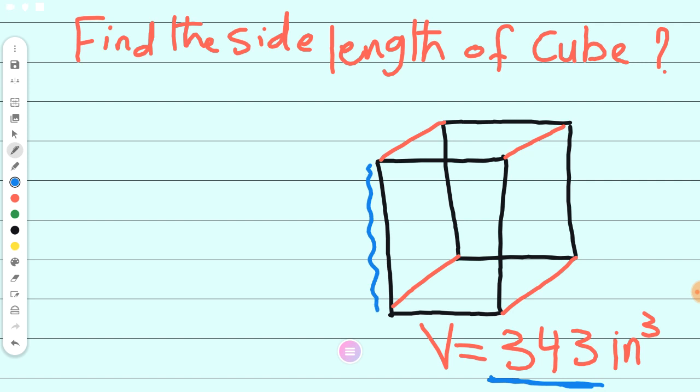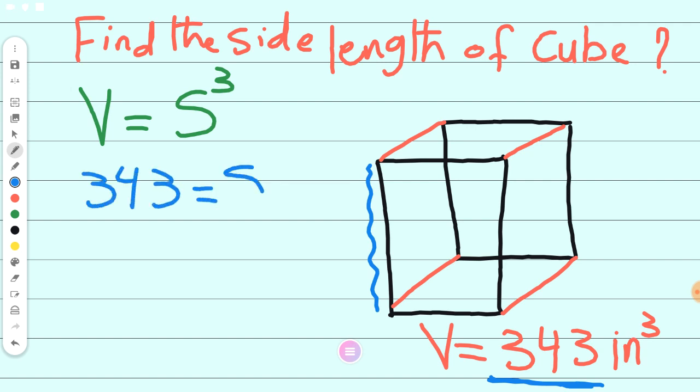I have a rule of volume: volume equals side length to the power 3, side times side times side. Instead of V, I put 343. So now I have 343 equals S to the power 3.